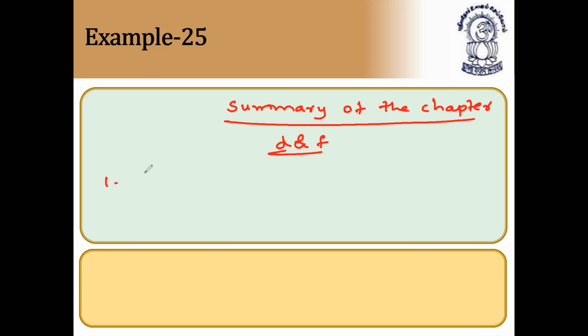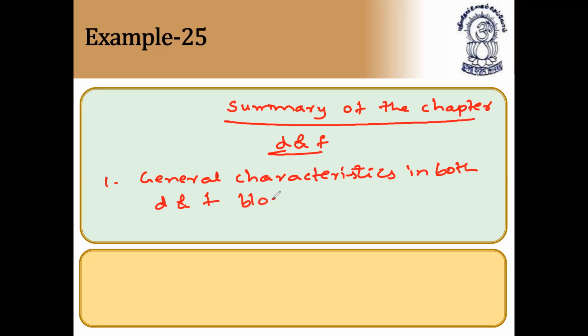First point, general characteristics. In both D and F block they are important. Definitely you will get questions from this only, all the general characteristics.